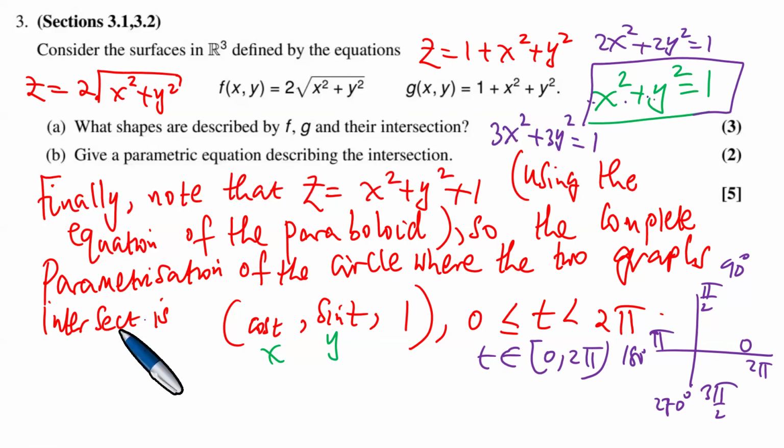A circle means that you have the same coefficient of x squared and y squared. If you divide by the 3, you get x squared plus y squared equals 1 over 3. You get the point? So this becomes a circle of this radius, centered at the origin.